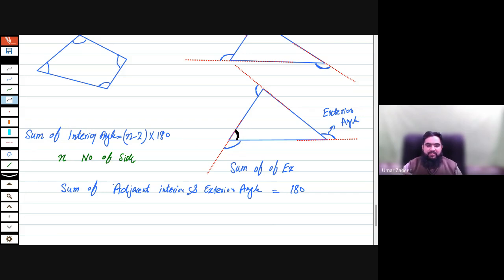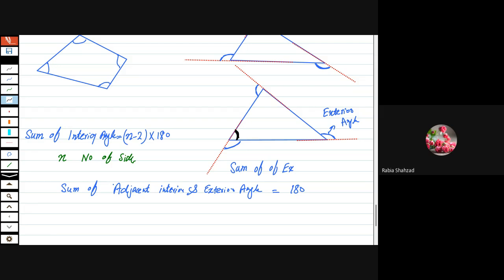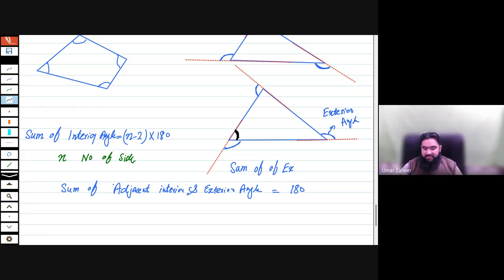If they make a straight line, they are always 180 degrees, and they are also known as supplementary angles. They are adjacent angles, they are supplementary angles, and they are also exterior and interior angles as well.